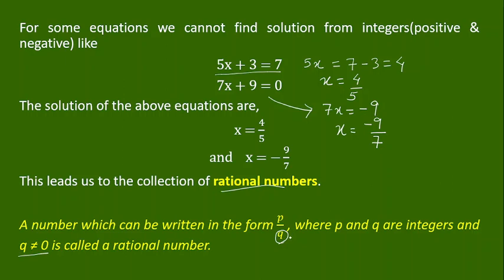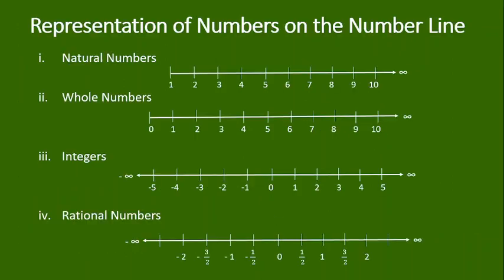Now let's see all these numbers on the number line. First we are considering natural numbers. Natural numbers start from 1 and vary up to plus infinity. Whole numbers start from 0 and vary up to infinity.